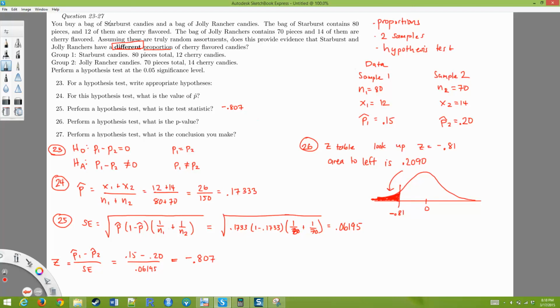And for a two-sided test, we double the tail. So my p-value will equal 2 times 0.2090. So my p-value is equal to 0.4180.